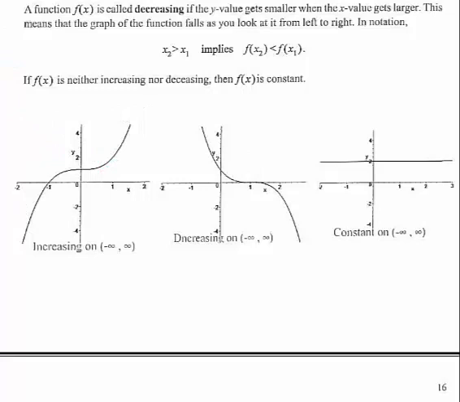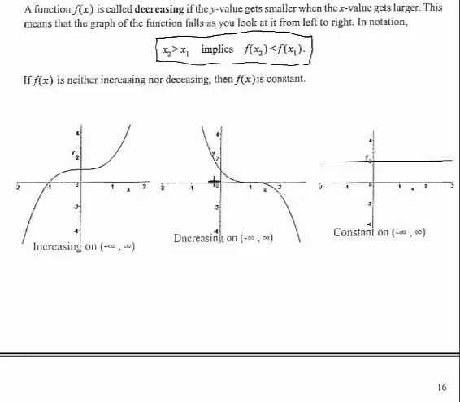Okay, if we try to think of it in more mathematical terms, we're given this little bit about x2, x1, f of x2, and so on. This is more or less saying that if I pick an x2, and again, that just means a point that's farther to the right.